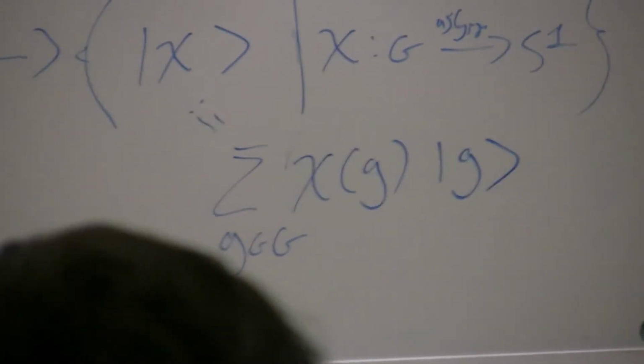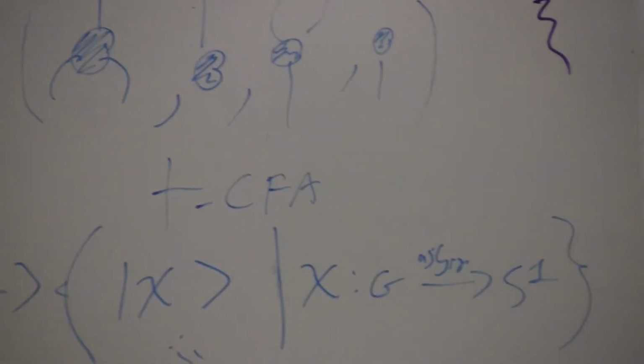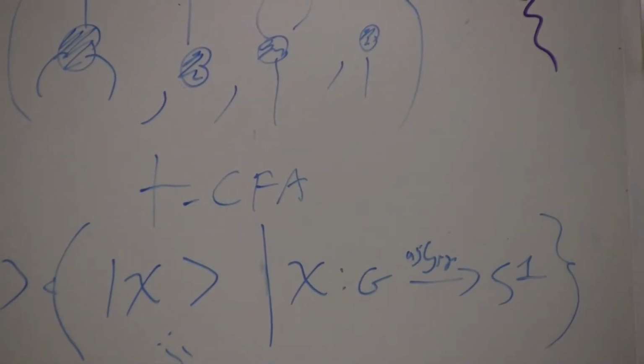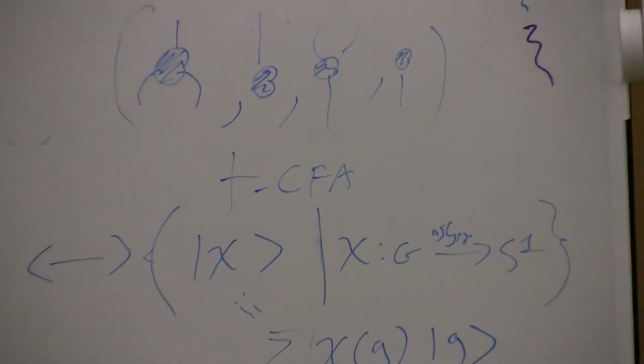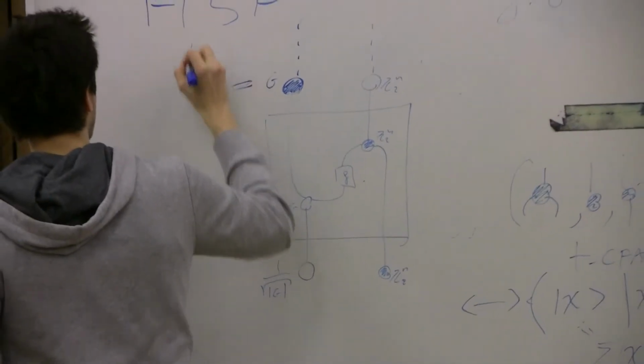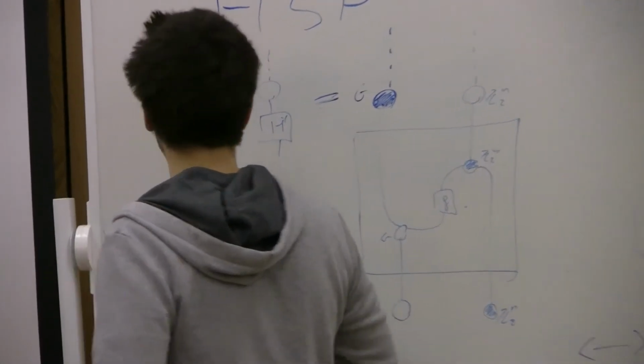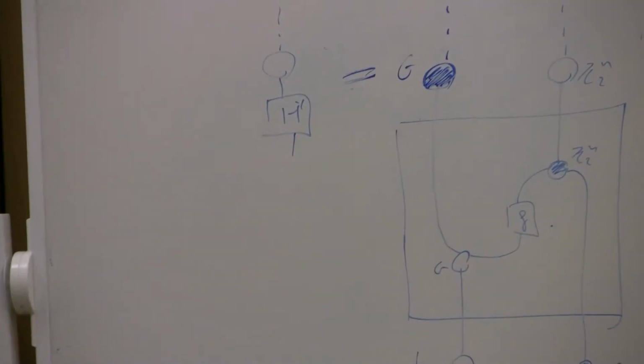Now, because we're measuring in this basis, but we prepared in the group basis, what we're doing is effectively a Fourier transform. Now, it's hidden in the fact that the measurement is done in different bases, but you could have equivalently written this as measuring in the original basis given a Hadamard transform first.